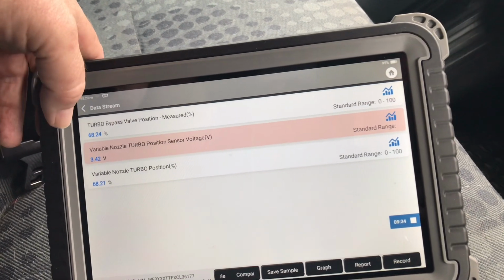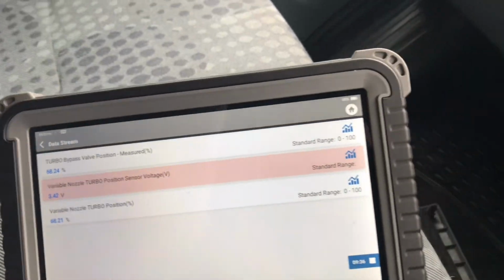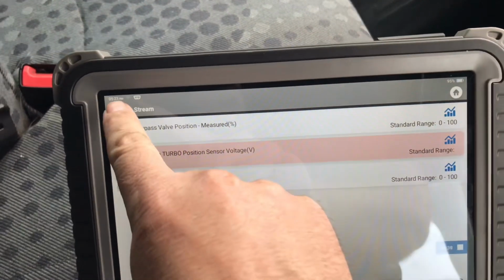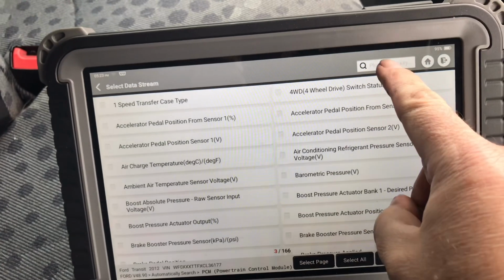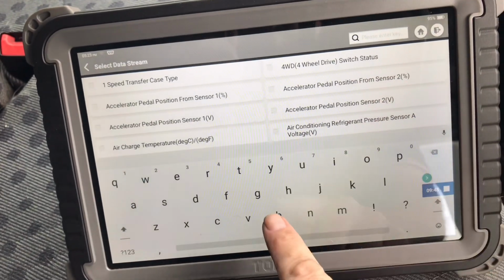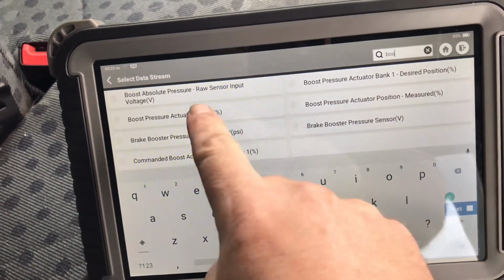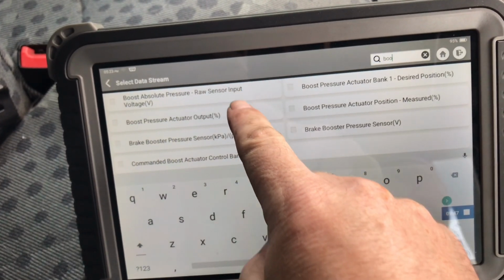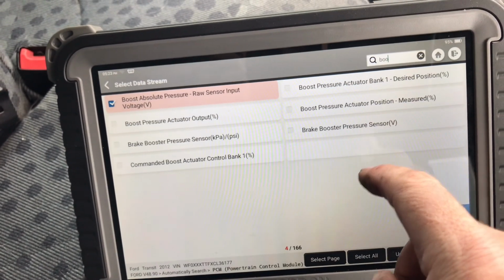It smells a wee bit honky, I would say. So let's go back here. Let's see. I wonder if there's any underboost. Boost absolute raw sensor. Boost pressure.